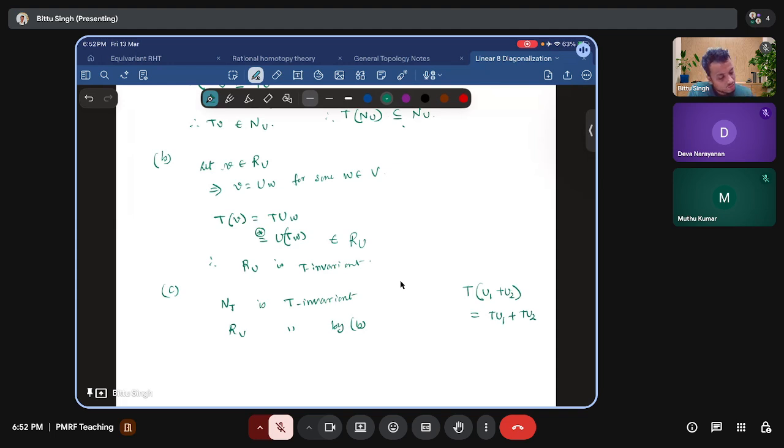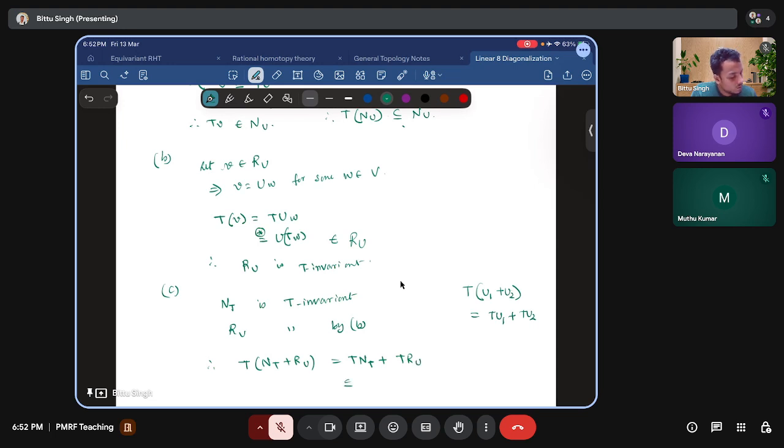So T of NT plus RU is the same as T of NT plus T of RU.